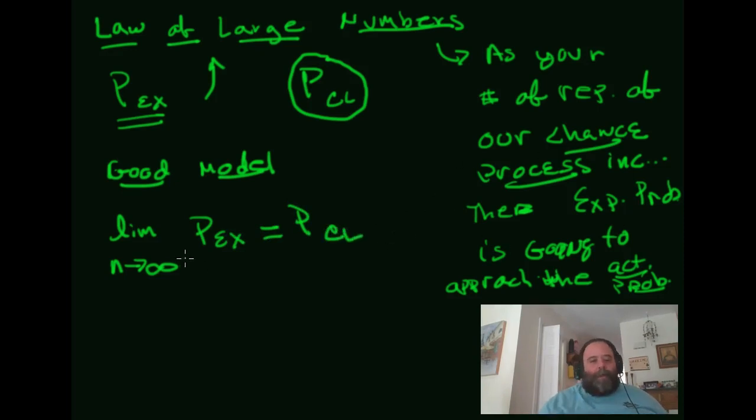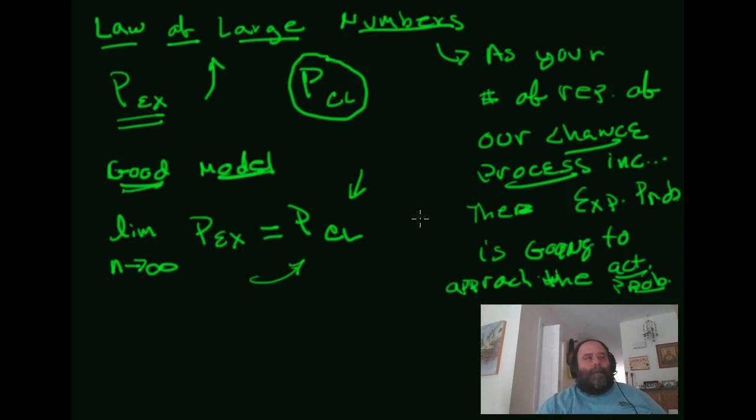If I have a good model and my classical or theoretical probability is accurate, then this should approach that. It doesn't mean that every time I do another trial, it's going to get closer. It does mean that on the whole, there's going to come a point where I stop getting further away.